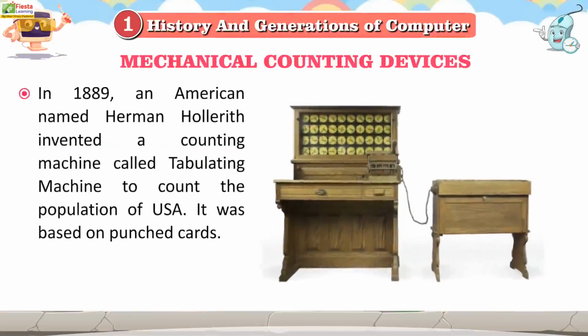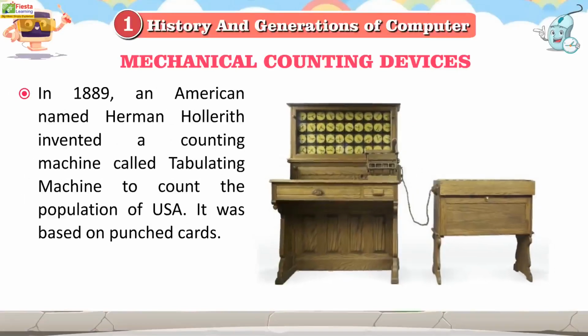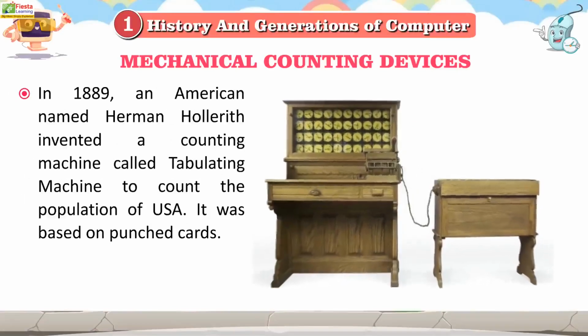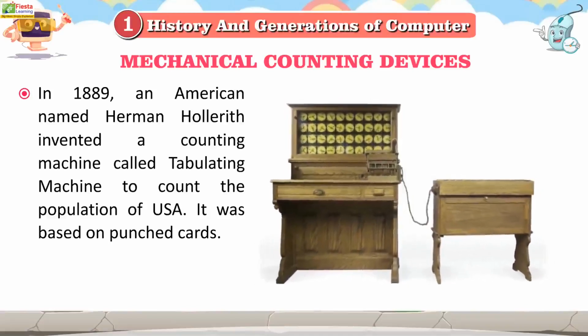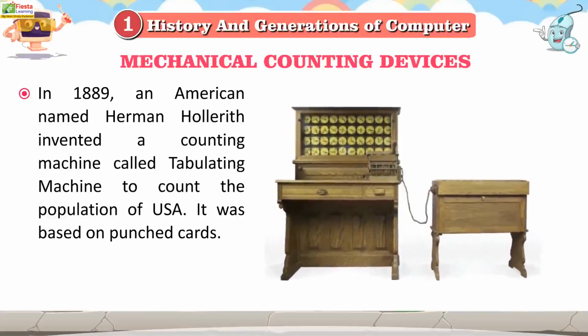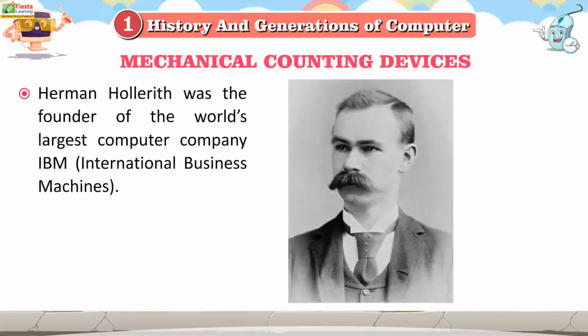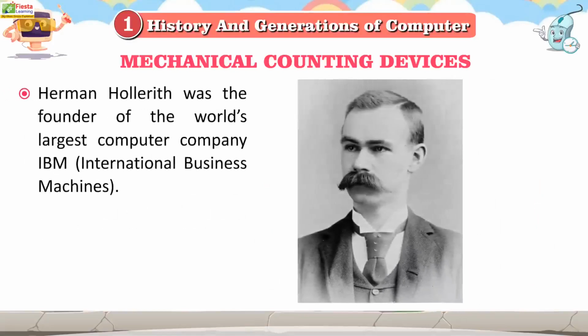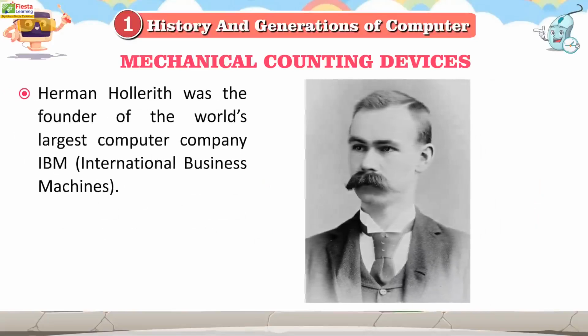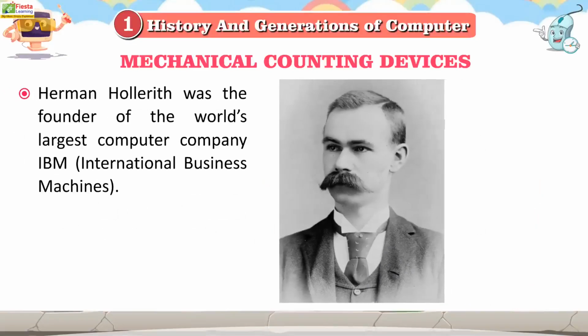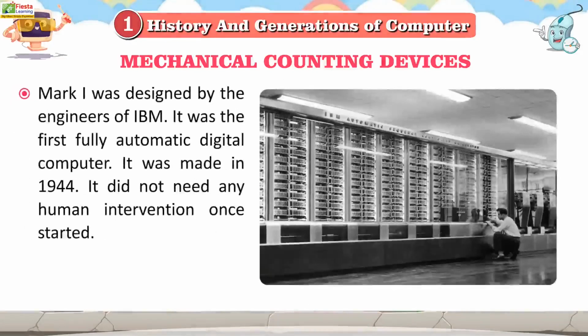In 1889, an American named Herman Hollerith invented a counting machine called tabulating machine to count the population of USA. It was based on punched cards. Herman Hollerith was the founder of the world's largest computer company, IBM, International Business Machines.